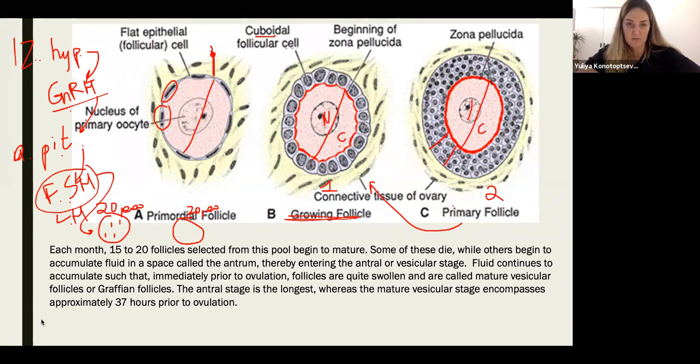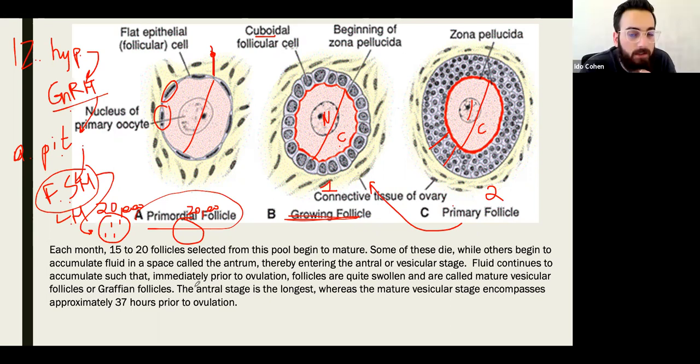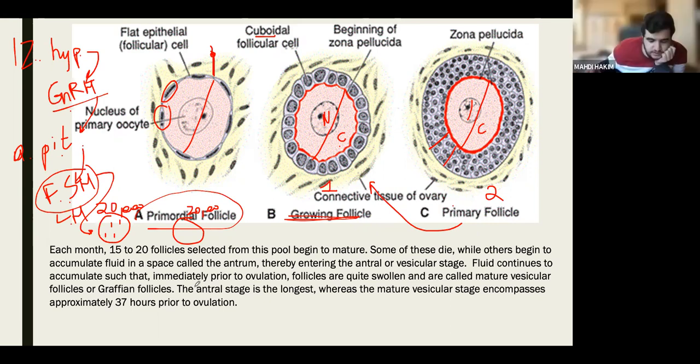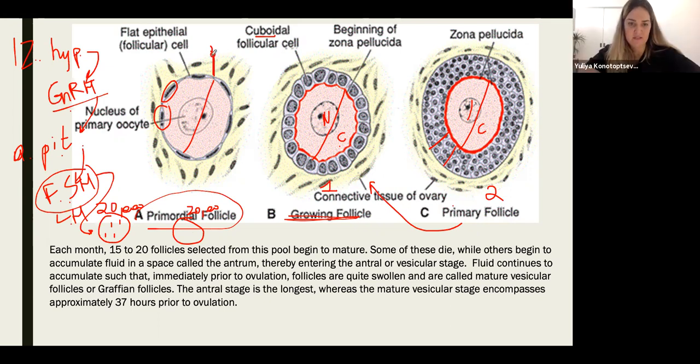So I repeat, how many primordial follicles do we choose every month starting from puberty? 15 to 20 out of the 40,000. Which hormone helps me choose? FSH. These 15 to 20 follicles raise the receptor for FSH. FSH comes in, stimulates this primordial follicle to become primary.